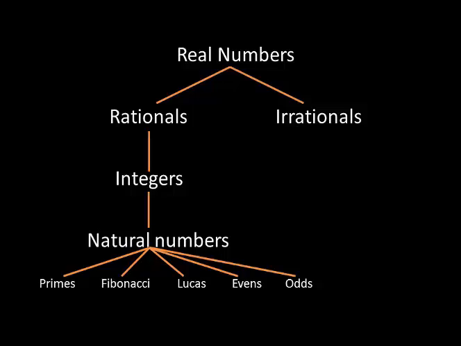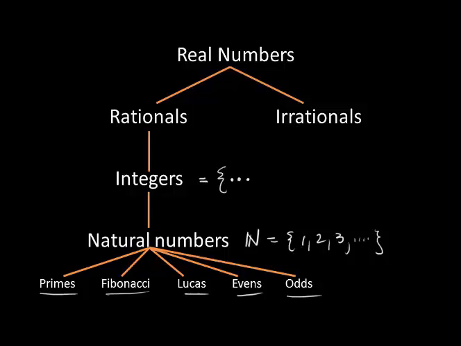The natural numbers we called capital N, and they were just the counting numbers, 1, 2, 3, etc. And we saw several sequences in those. We looked at the prime numbers, the Fibonacci, the Lucas. We've looked at the evens and the odds. The integers is the set containing, and I'm going to put 3 dots to the left, -3, -2, -1, 0, 1, 2, 3.